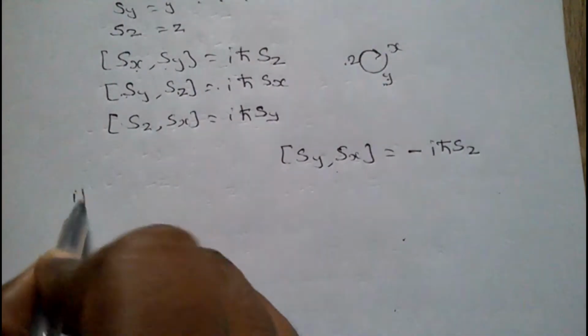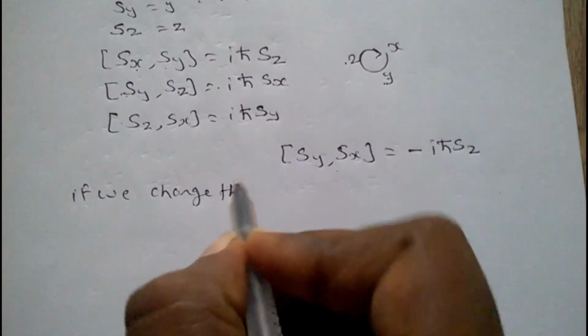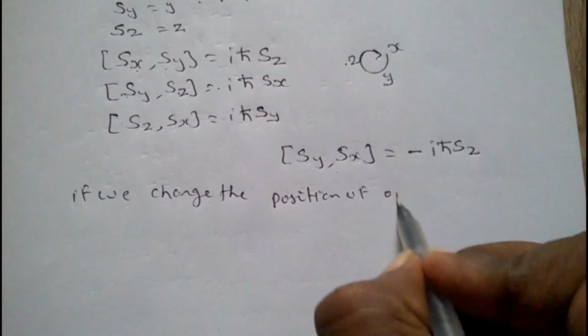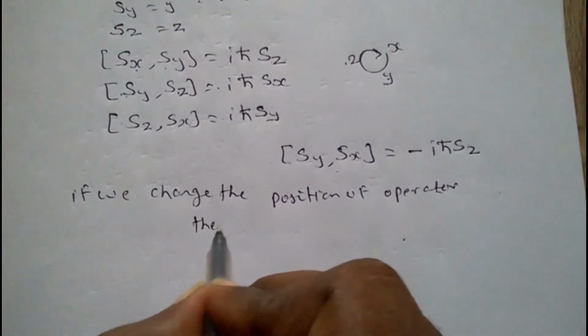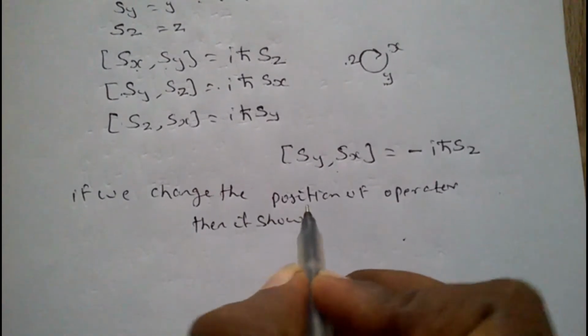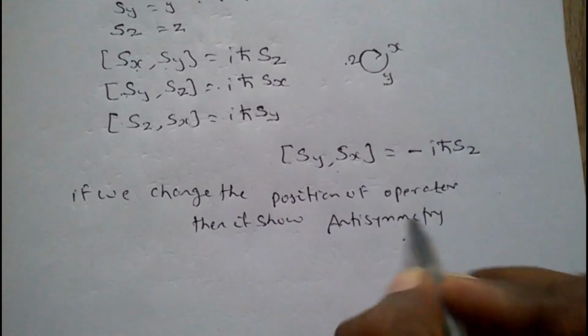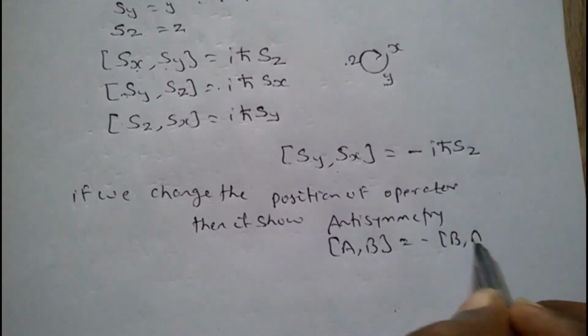I am writing, if we change the position of operators, then it shows anti-symmetry, that is AB equal to minus BA.